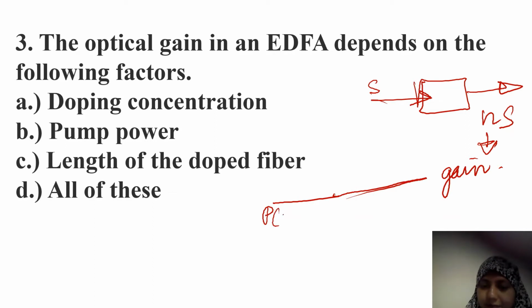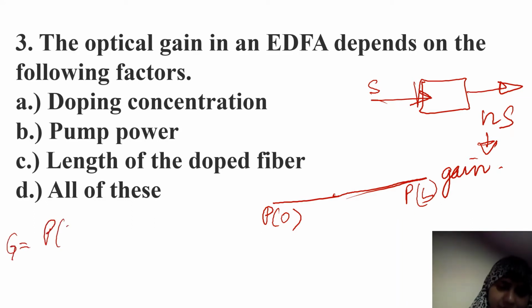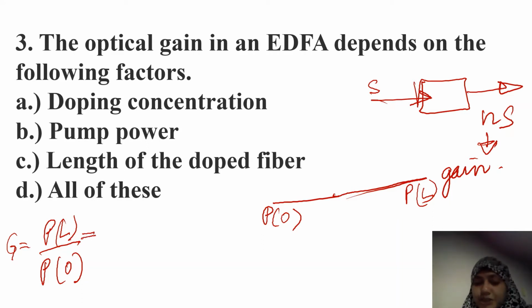So if the pump power is P0 over here and pump power is PL over here, so the gain in the power is PL by P0. I am sorry for my mistake. PL by P0. Got it? Okay. So how much should this be equal to?